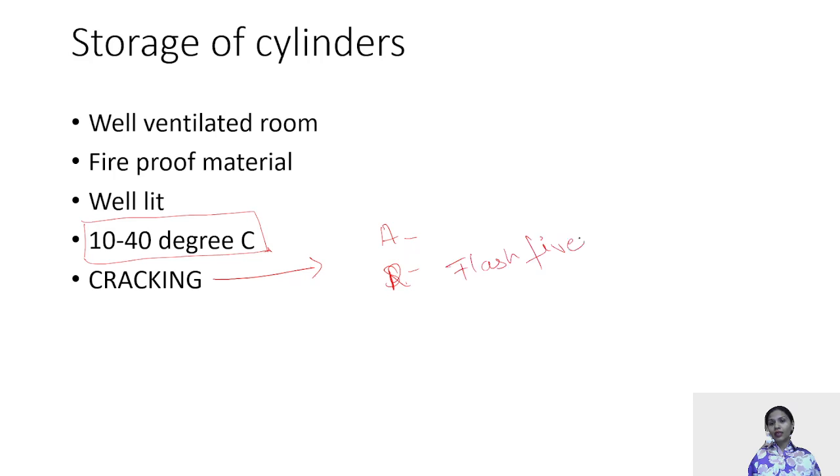What cracking means is that when you open the valve of the cylinder, it has to be opened very, very slowly, turn by turn, and not in just one go.